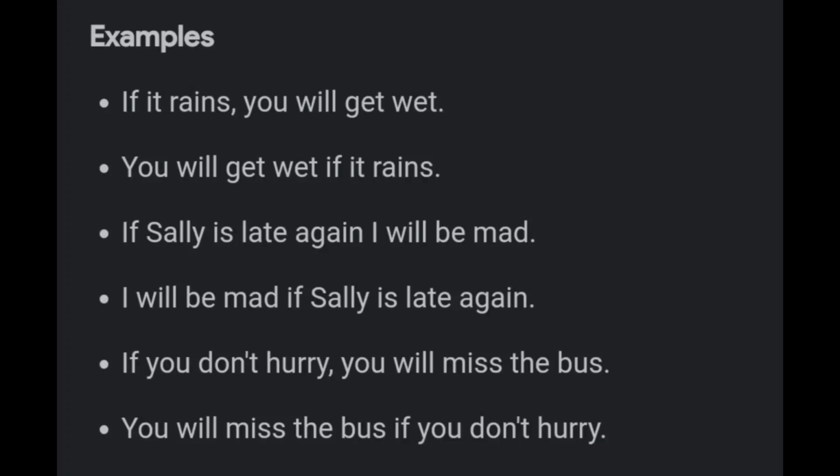Generally, if clause type 0 is mostly used to prove something that is statistically true from a logical standpoint. If clause type 1, on the other hand, is also something that can be proven from a logical standpoint that can or may happen in the future, but unlike type 0, it is not a guarantee that it will happen.